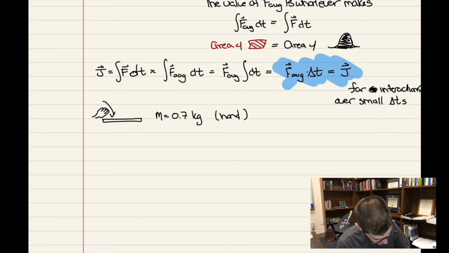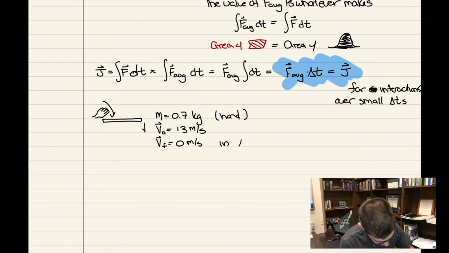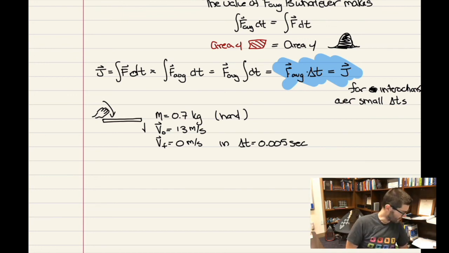It initially starts with some velocity of 13 meters per second, and then it says it comes to rest. So let's assume it's 13 meters per second down, and then comes to rest eventually in some delta t of 0.005 seconds. Then it asks, what is the impulse and the average force on the hand from the target?